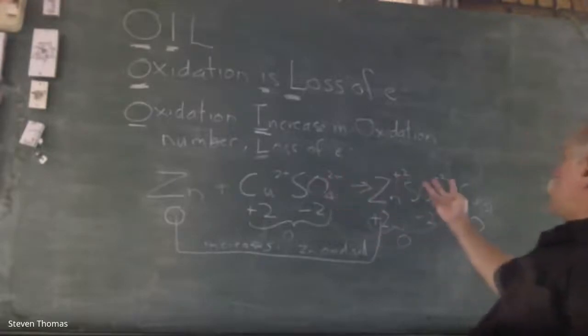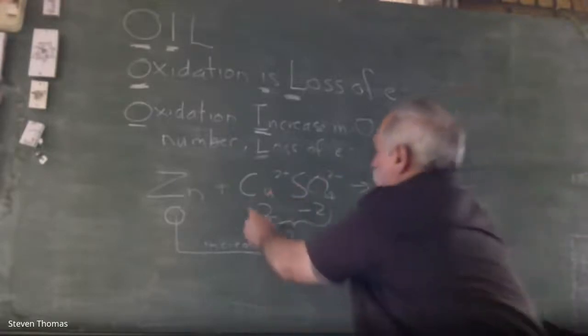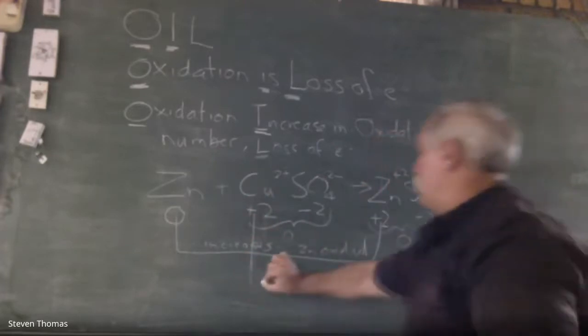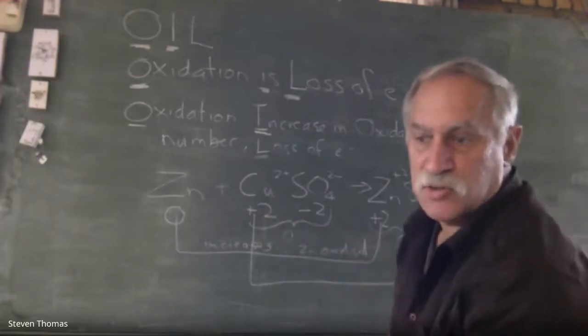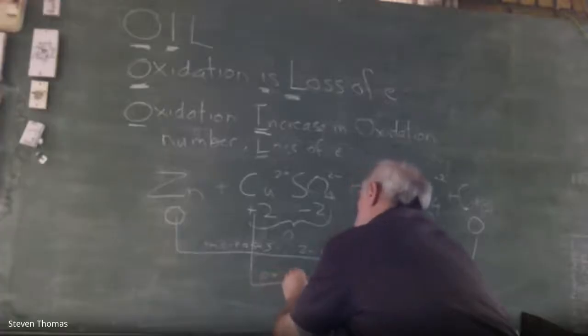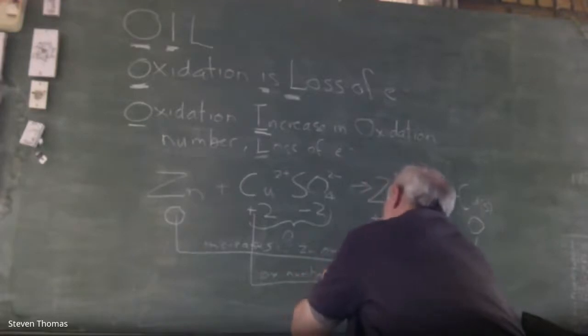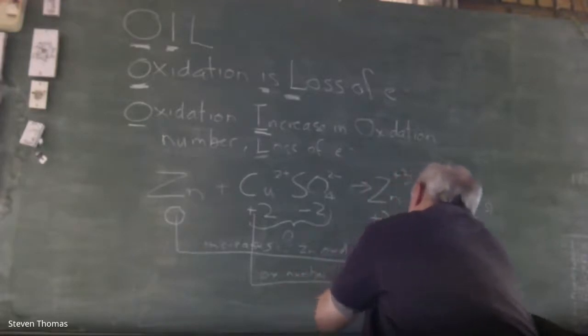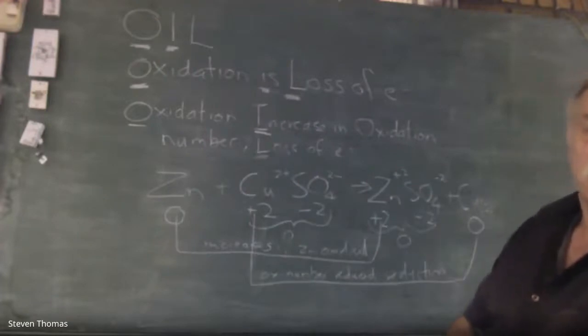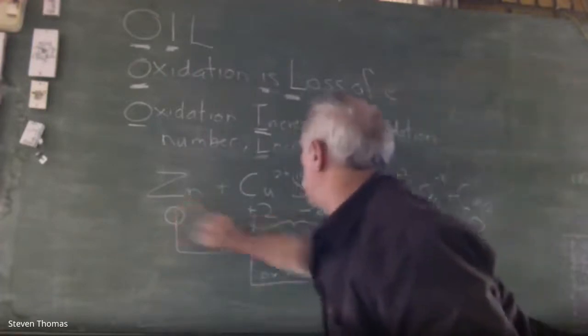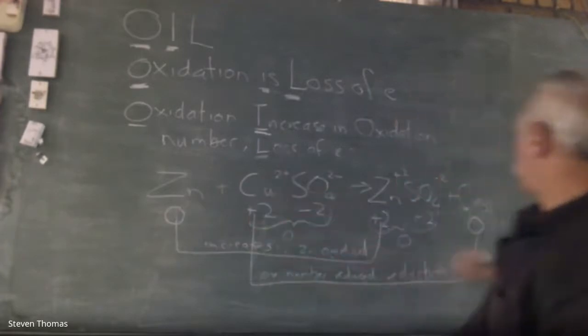No, it stayed -2, -2. But look, the copper went from +2 to 0. Is that an increase or a decrease? It's a reduction. So this oxidation number reduced. So this is reduction. Do you see how it helps us to identify what is oxidized and what is reduced? Zinc was oxidized, copper was reduced.